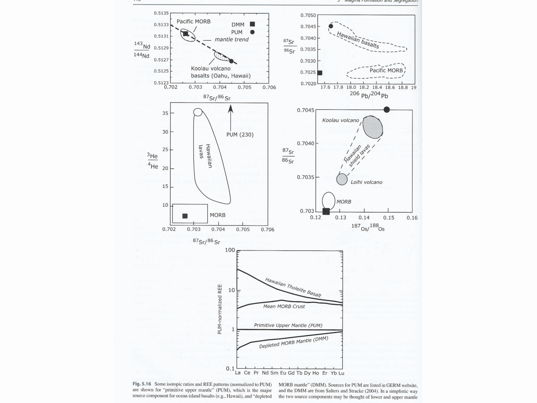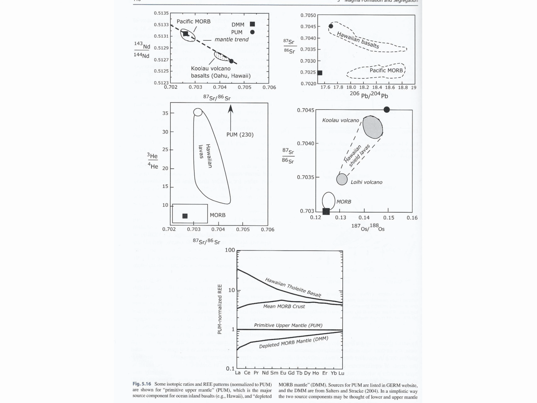So now we have to figure out the neodymium isotopic ratios and 87/86 strontium ratios here for the Pacific mid-ocean ridge. Here we have the mantle trend, which is on the line, and here we have the Kilauea volcanic basalts from Hawaii. Yeah?